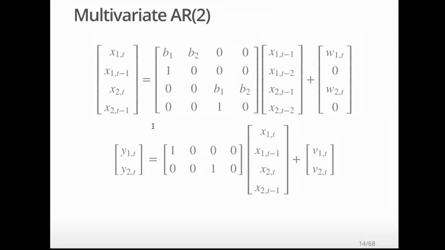So let's see an example of something that you couldn't fit with the ARIMA function. So this is a multivariate AR2. So imagine that you wanted to fit an AR2 model to 2 study sites where you've been collecting data.